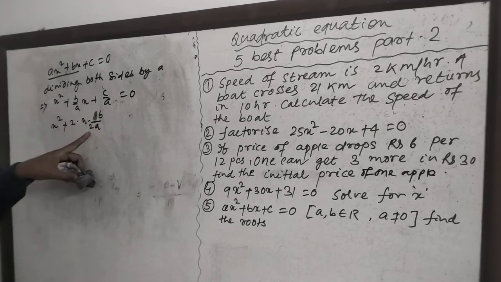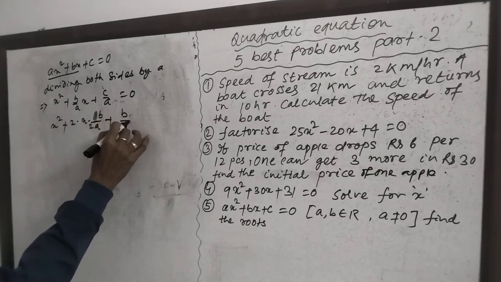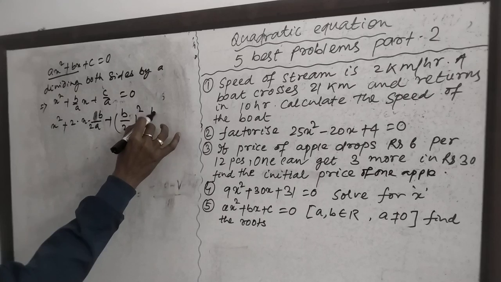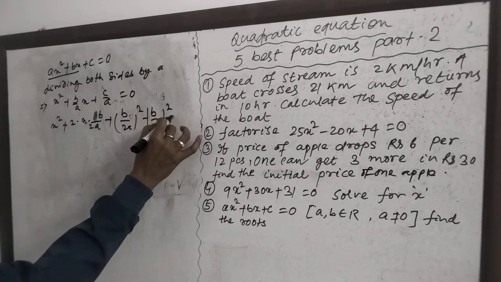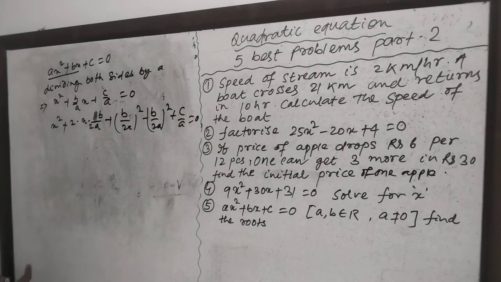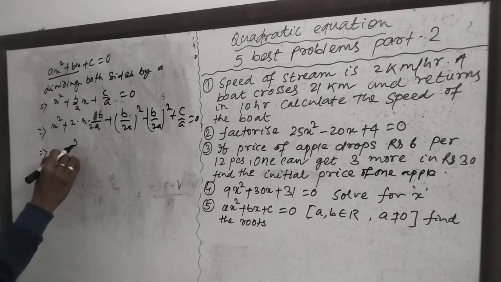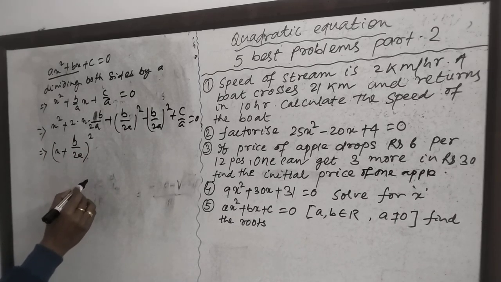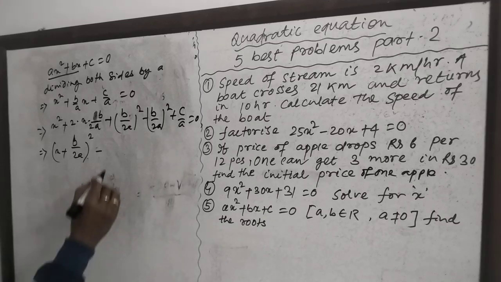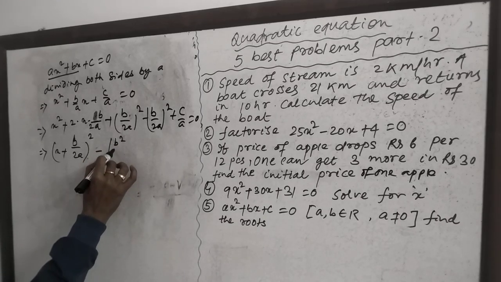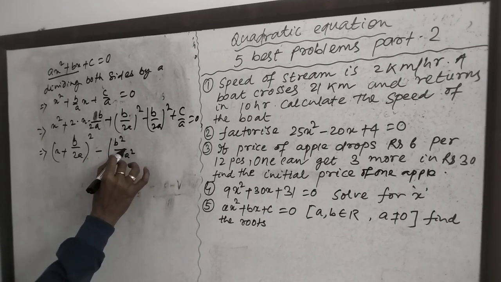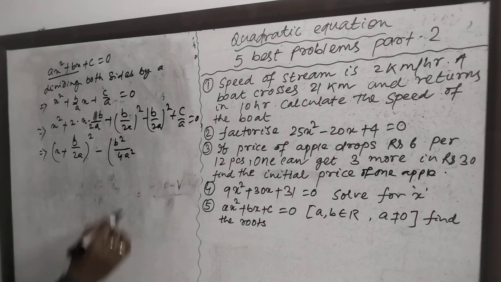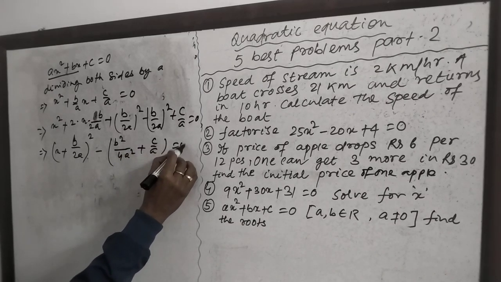Okay, 2 cancel, b by a x plus b by 2a whole square minus b by 2a whole square plus c by a is equal to 0. Okay, a plus b whole square, that is x plus b by 2a whole square minus b square by 4a square, okay, plus c by a is equal to 0.